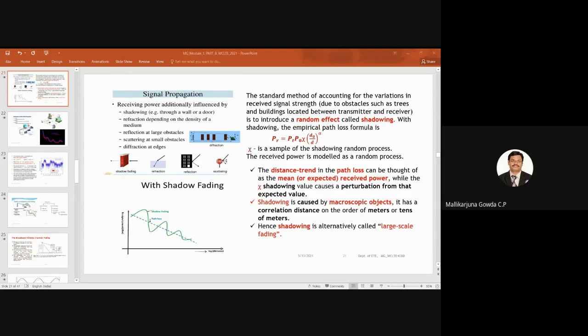Anyone of you, need not be Madhura. Others can also. What about Pranav? Path loss happens due to what?